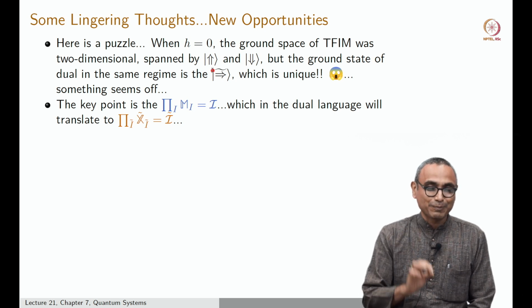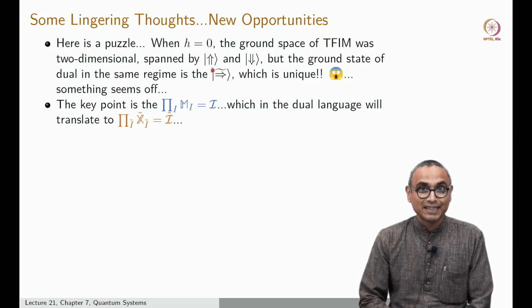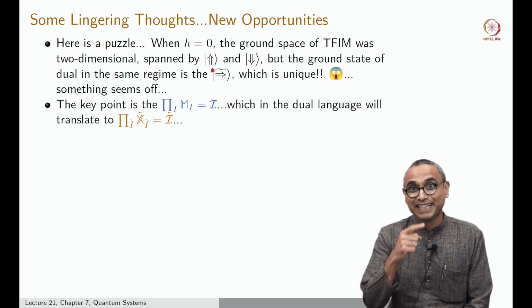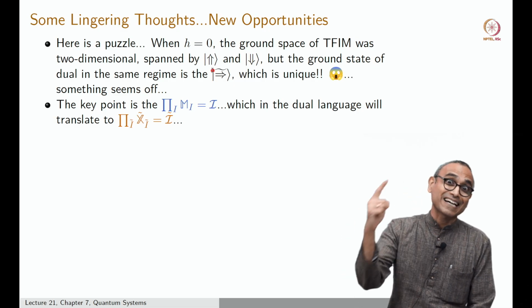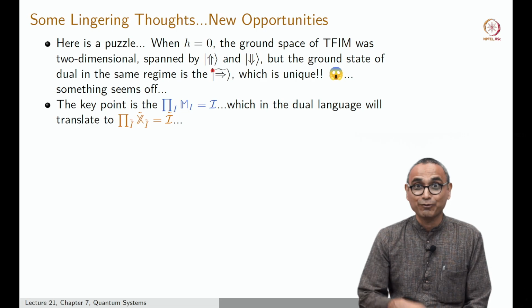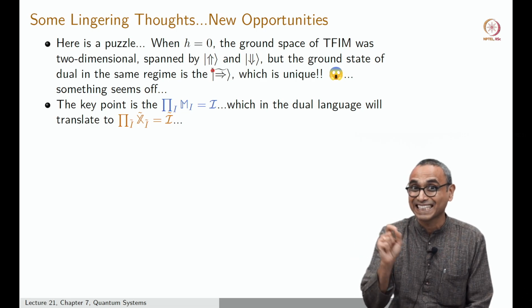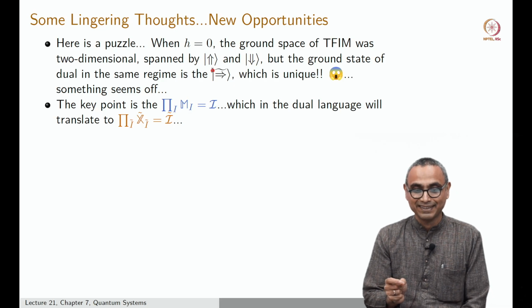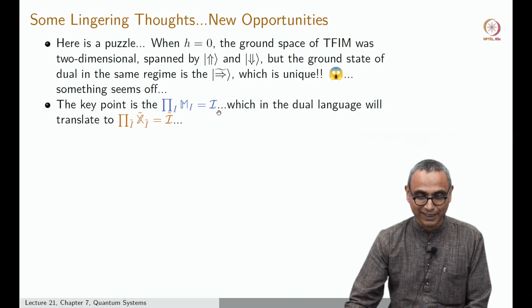So, to resolve this puzzle, you have to delve a little deeper. Remember, we defined these link variables, and if you go back to the classical discussion of the Ising model, we notice that the link variables are not all independent. There is a constraint on the link variables. Exactly that constraint will show up here when we put periodic boundary conditions.